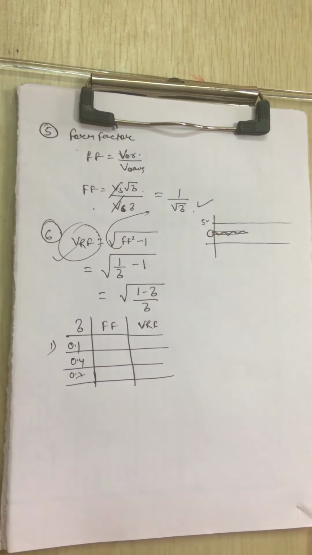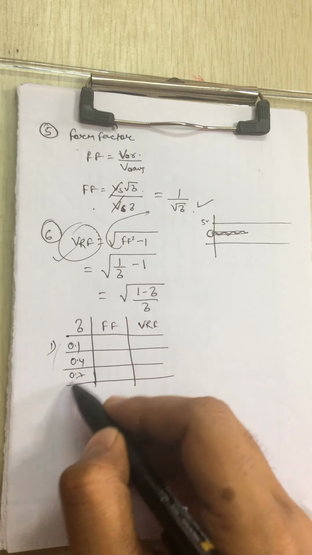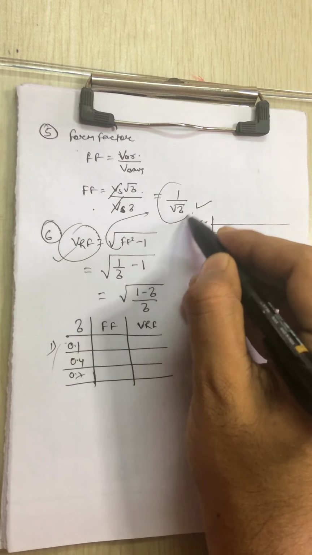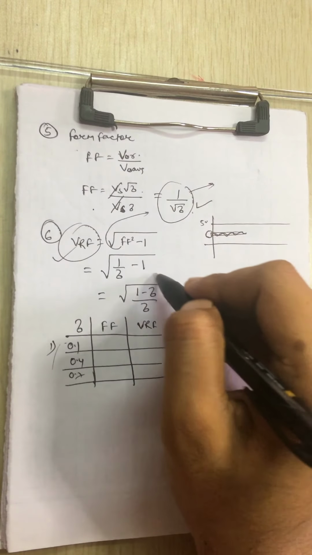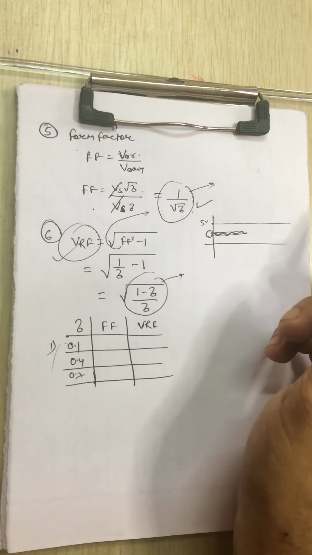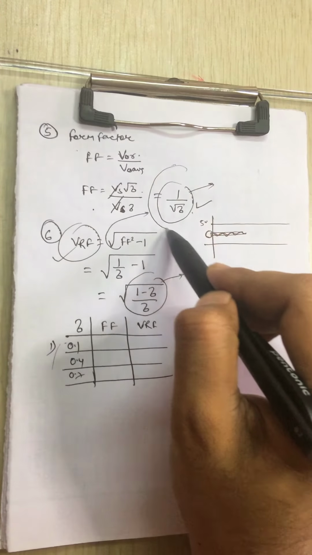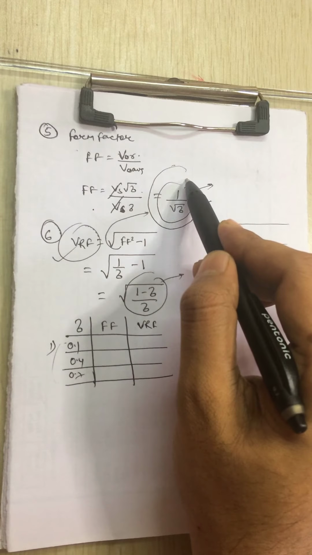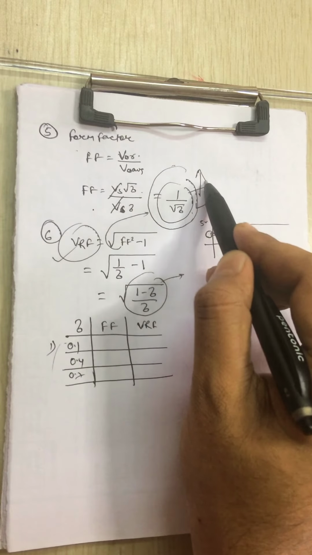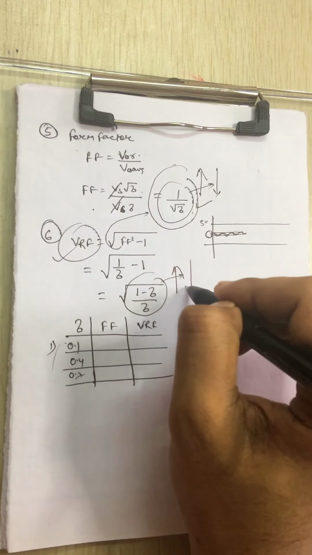I have calculated this through my calculator. You can also calculate it through the calculator. If you put the value of delta over here, you can easily get the form factor and the voltage ripple factor. Now I would like to see whether, with the increment of delta, the voltage ripple factor will increase or decrease.